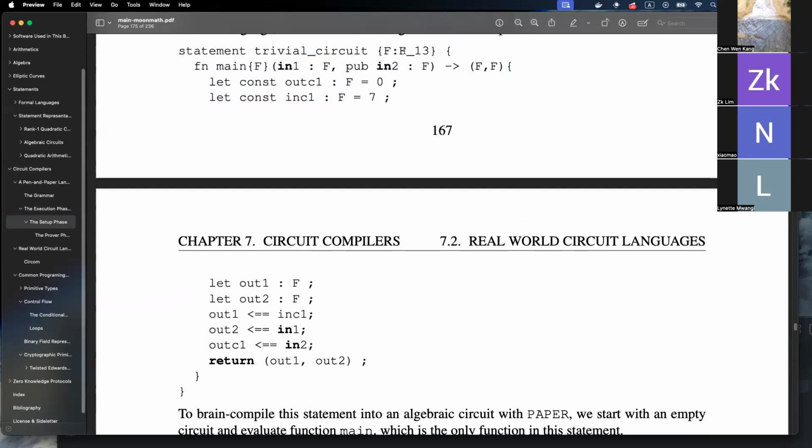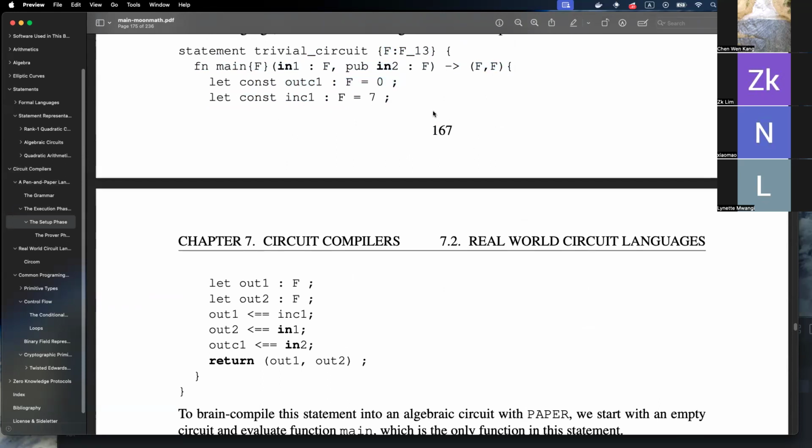We define a circuit to have a field of order 13. And we define the main function to accept input 1 and input 2, both of type field, and return two values.